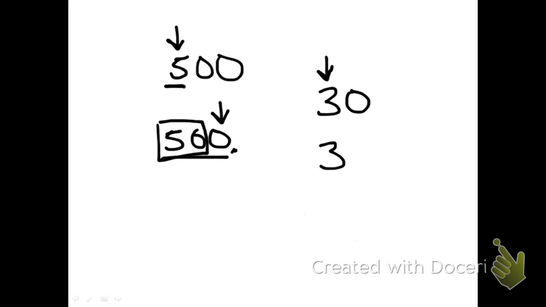Now, if I would have added a decimal point at the end of 30, then my estimated digit would be, you guessed it, the 0. The 0 is my last significant figure. It must be the estimated digit. And then the 3 is going to be my certain digit, the one that we're all going to agree on.